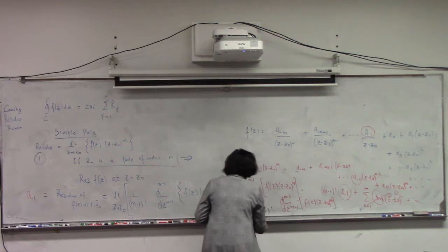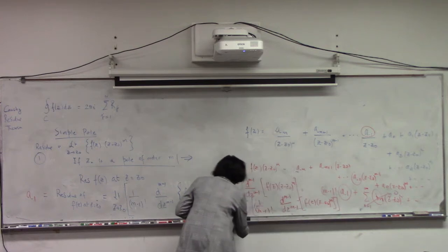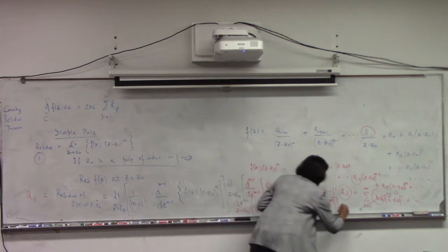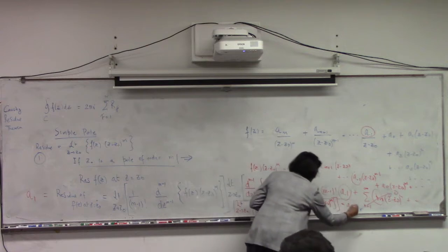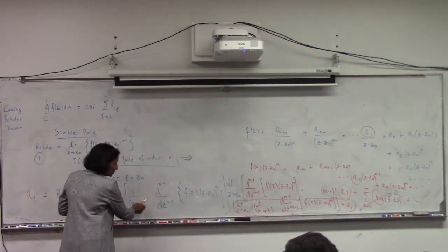All this you have to evaluate in the limit z going to z naught, which gives you a minus 1. So that's the origin of this expression, where it comes from.